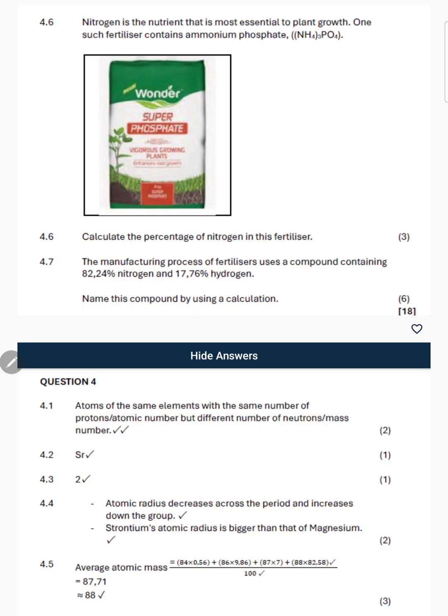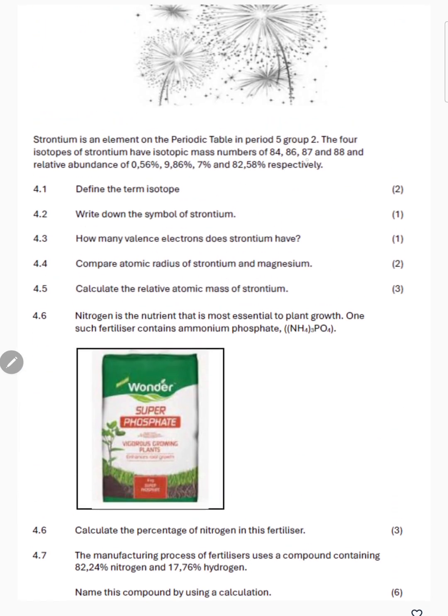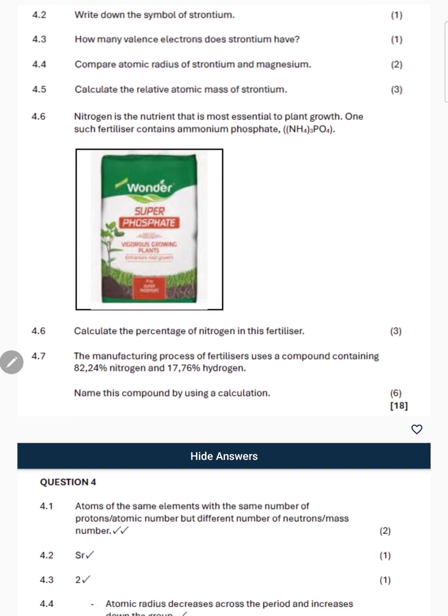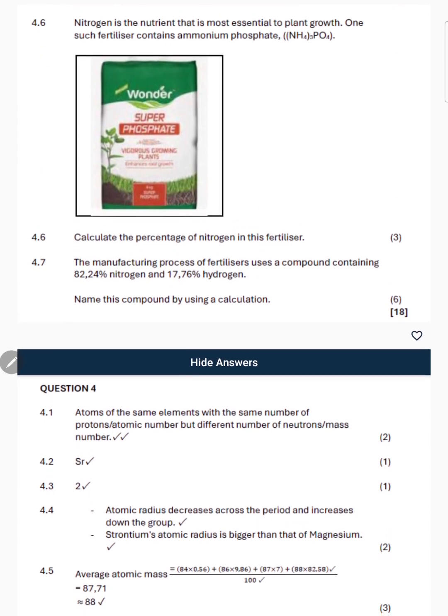So it is 84 multiplied by 0.56, plus 86 multiplied by its fraction, plus 87 multiplied by 0.07, plus 88 multiplied by its fraction, which gives most probably 87.71, equivalent to 88.